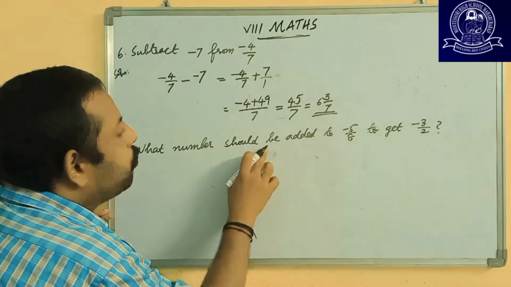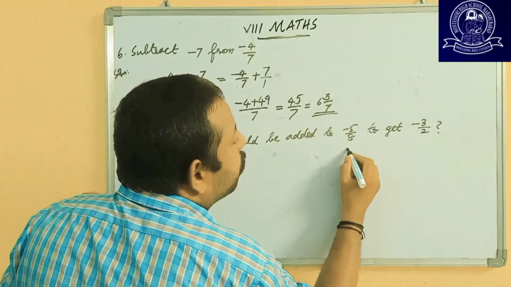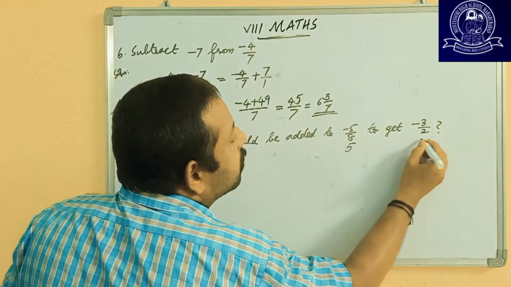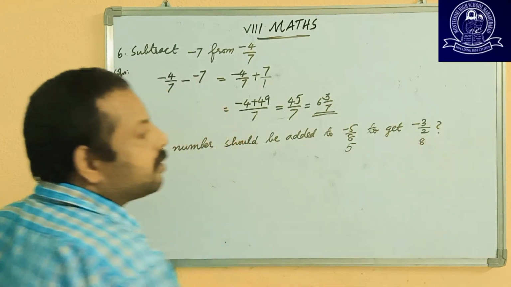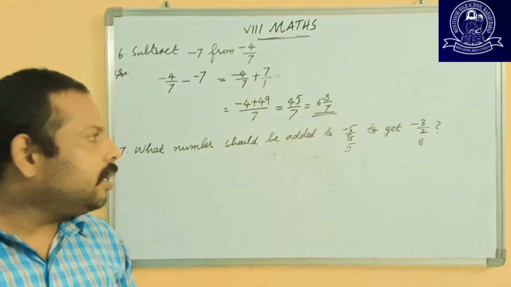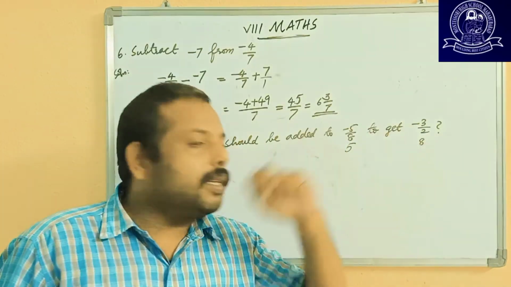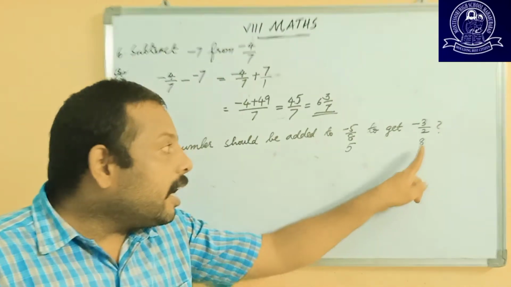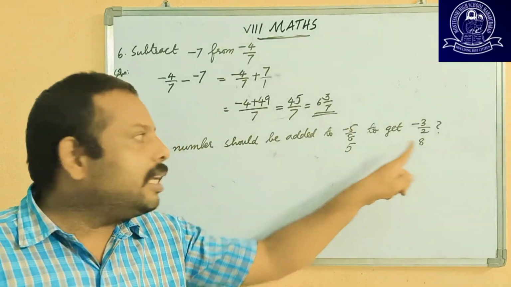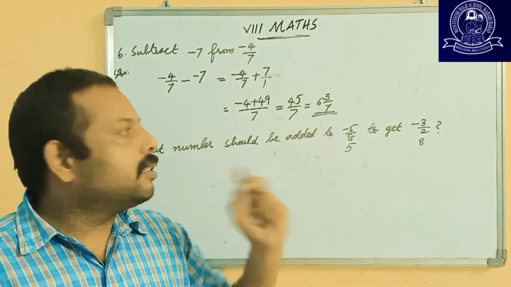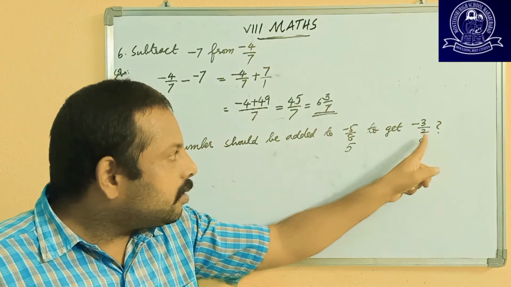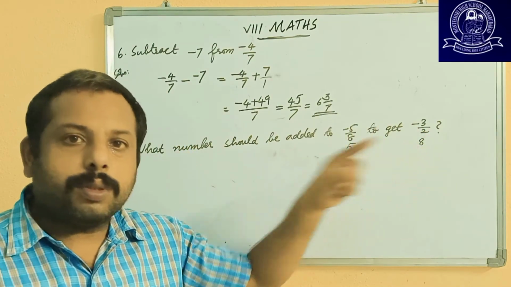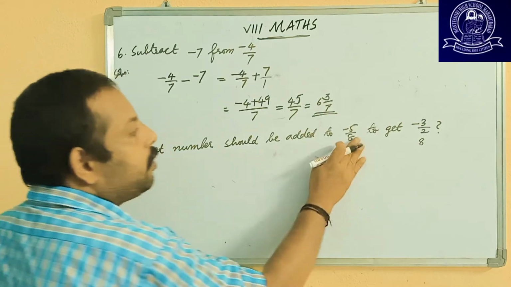What number should be added to 5 to get 8? Very simply, 3 should be added to 5 to get 8. How will you get 3 from these two numbers? 8 minus 5. Isn't it? 8 minus 5 is 3. Same way, subtract this from this. Do you understand? Yes, so we will do like that.